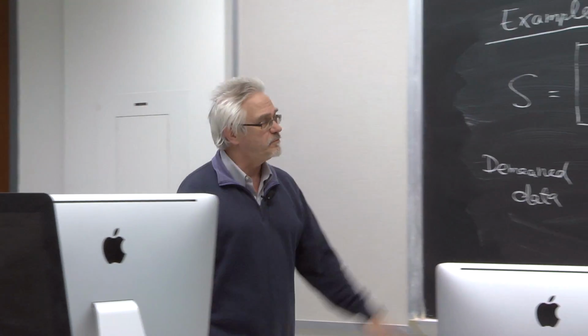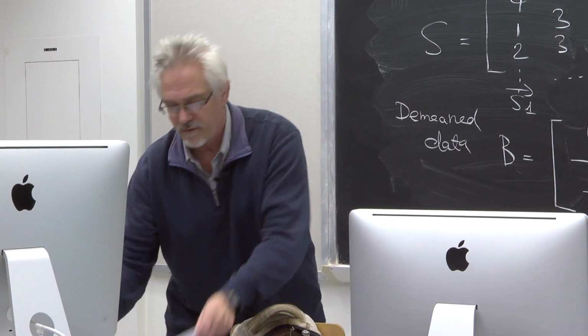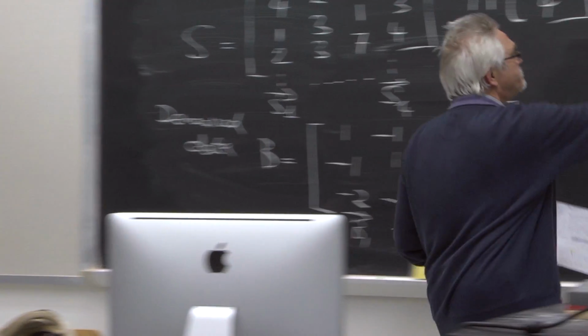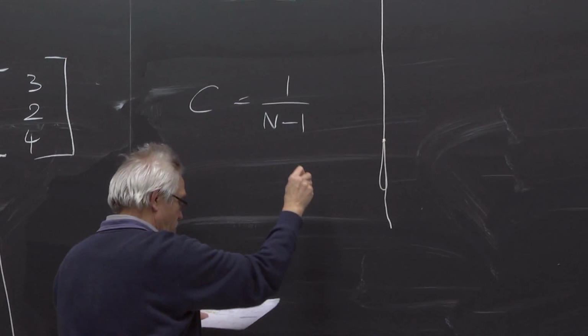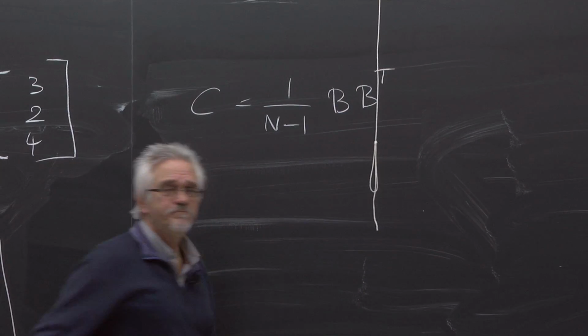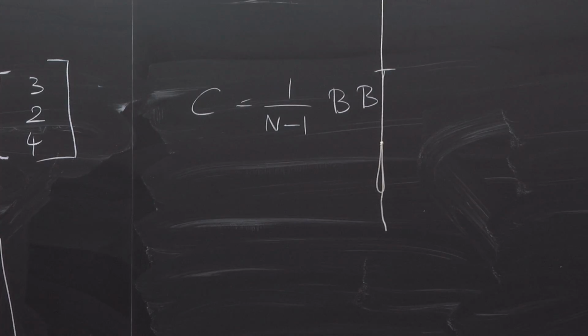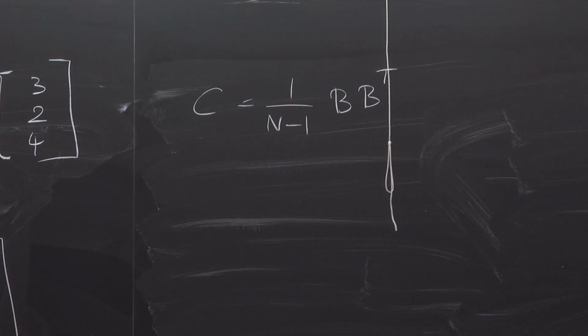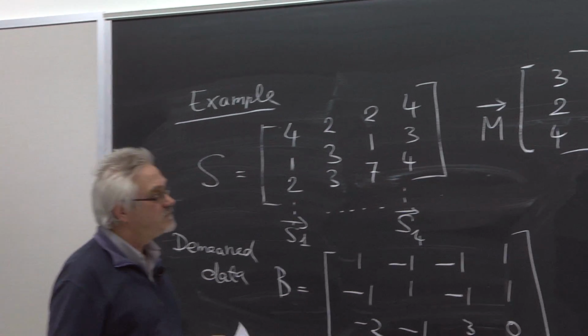So now in order to get from here to the covariance matrix, I compute C. And C is nothing else than the normalized product of B with its transpose. That determines how they co-vary. And then you normalize in this case by 1 over n minus 1.